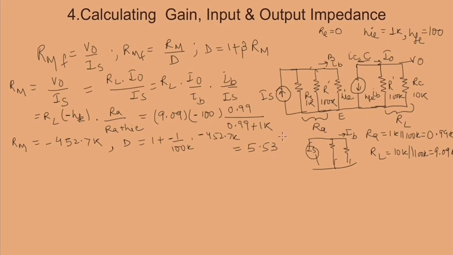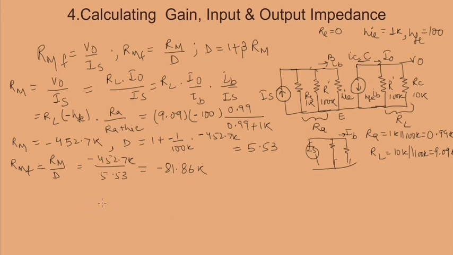So we have calculated Rm and D. Now we can do the calculations for RMF, which is Rm by D, which is minus 452.7K by 5.53, and this gives us the value of RMF, which is minus 81.86K, right?